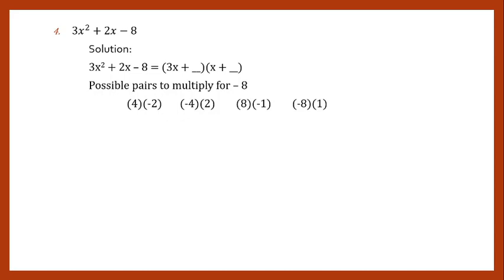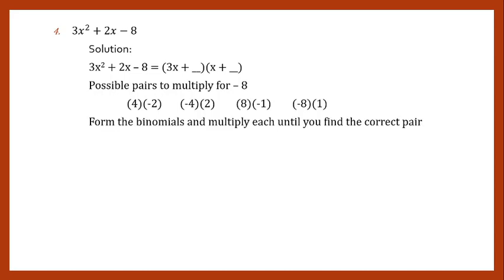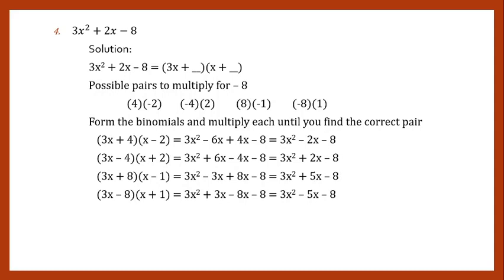So, let's try. You try them all because this is trial and error until you get the correct pair. For example, the 3x, I paired it first with 4 and negative 2. Using the FOIL method, the outcome is 3x minus 2x minus 8.